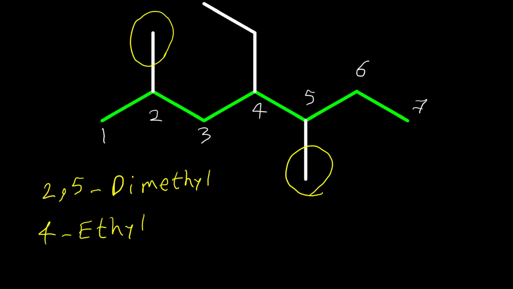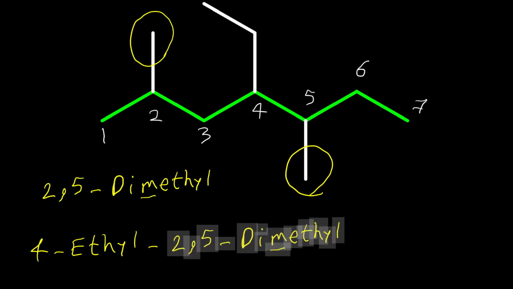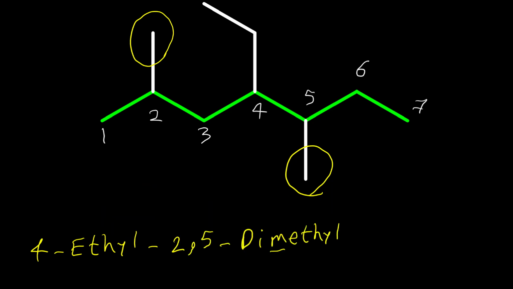Please keep in mind that we don't look at the prefixes di, tri, tetra. We look at the name of the substituent for alphabetical order. So the name of this molecule is 4-ethyl, then 2,5-dimethyl. After that, we have the name of the parent chain, heptane.